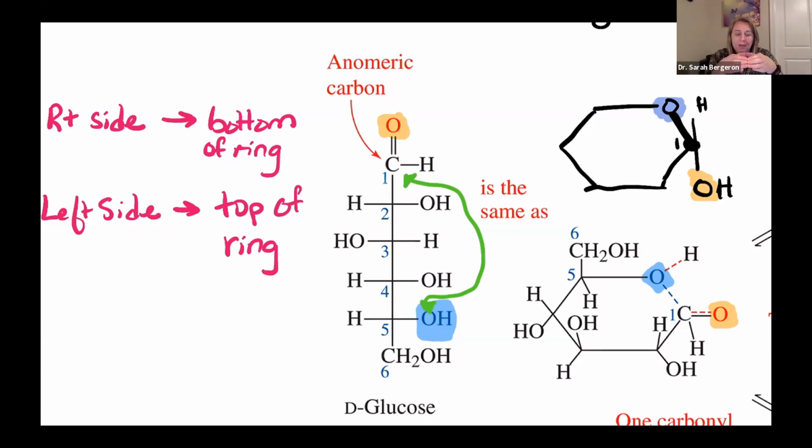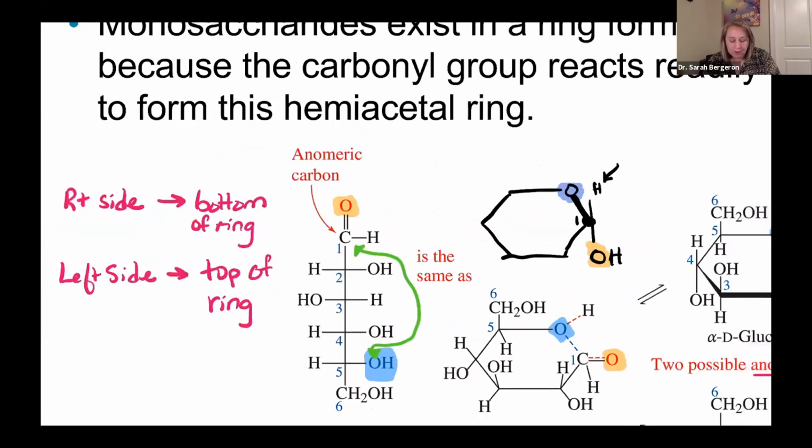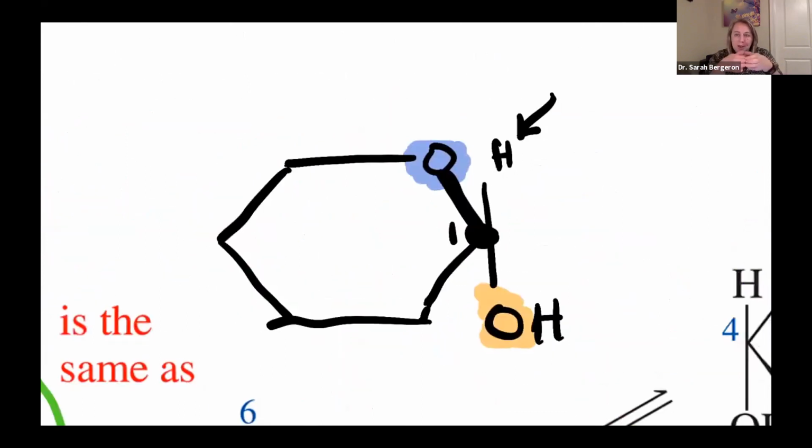What you're going to see is anything that I drew going up, like this hydrogen right here, is actually going to be coming up, and this hydroxyl group down below is going to be going downward. So if in our 2-dimensional drawing it's pointed up, that means it's actually going up in 3 dimensions, and going down in 3 dimensions, okay?